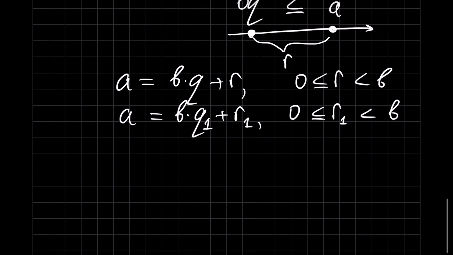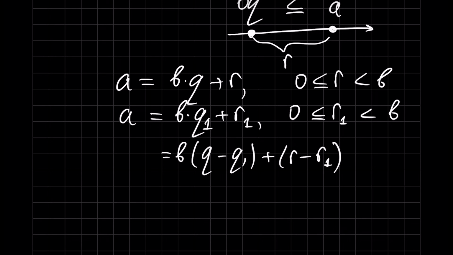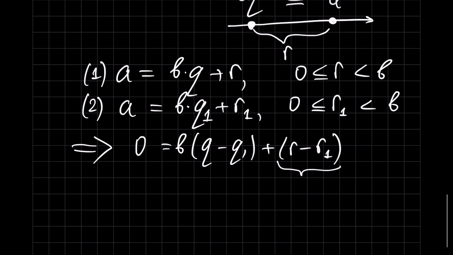And in this case, we can perform subtraction, and we will have B times Q minus Q1 plus R minus R1, and this is equal to 0. So we subtracted second equation from the first equation. Of course, here, obviously, R minus R1 is multiple of B. Why?